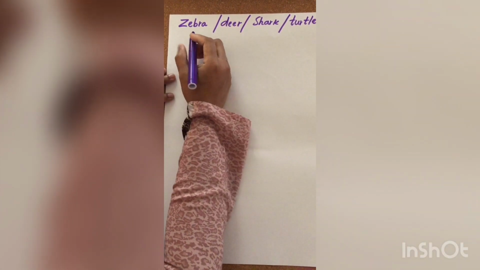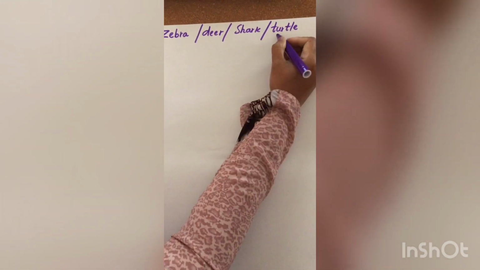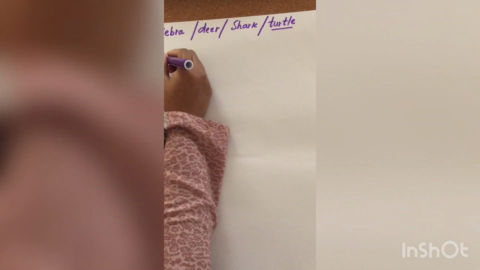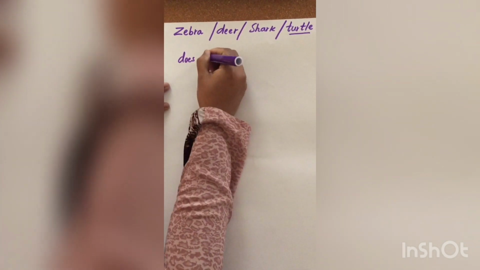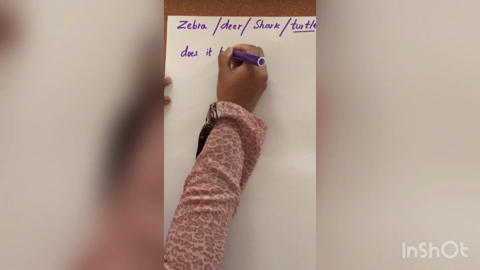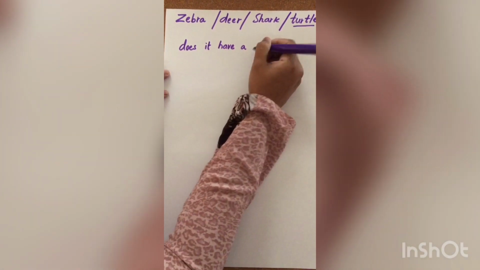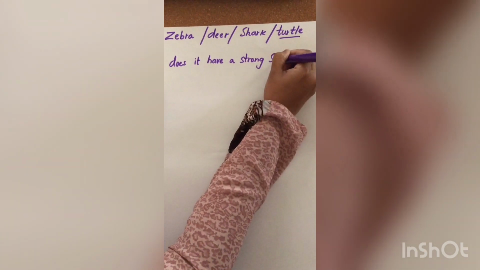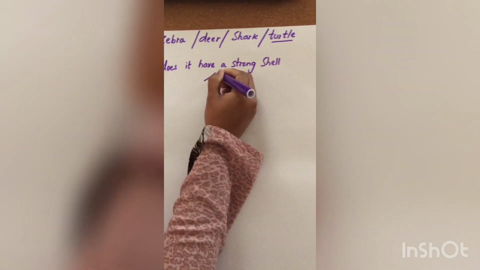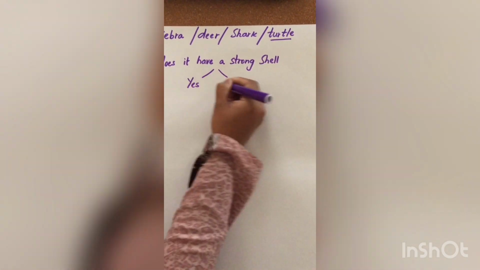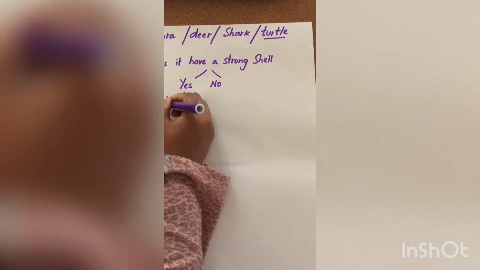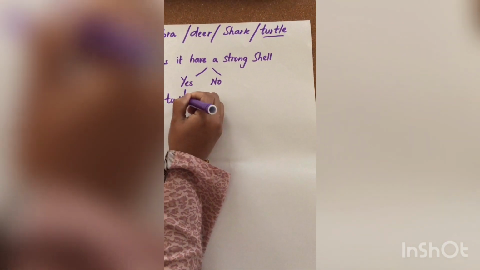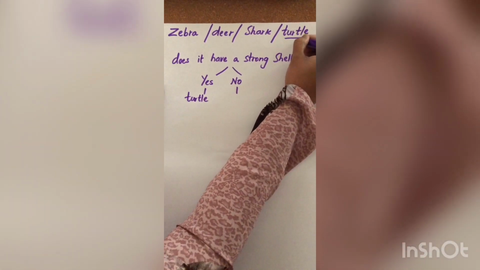So now how to start making a key? You can start from any animal. I will start from here, turtle. Does it have a strong shell? Yes and no. Turtle. And now we are done with turtle here.